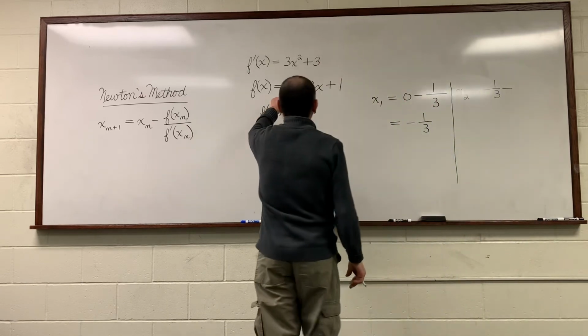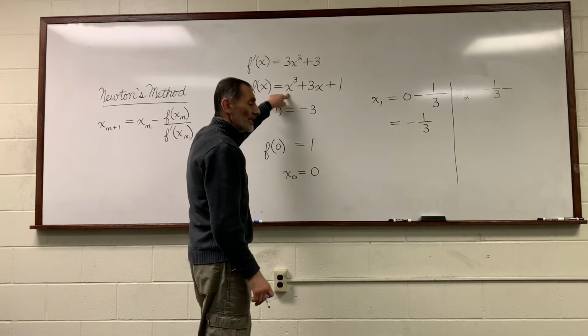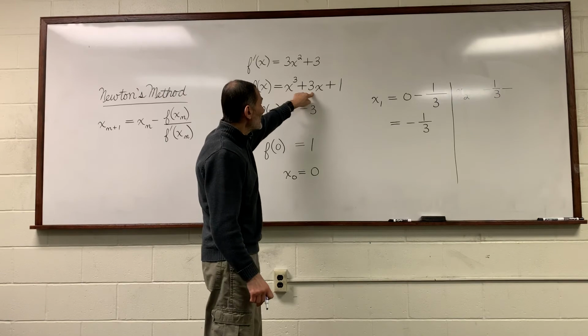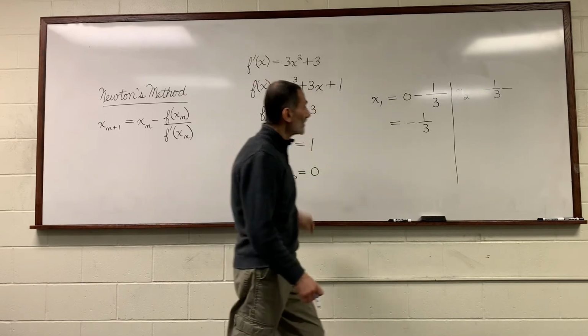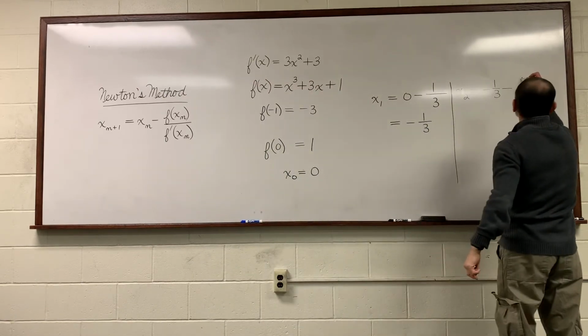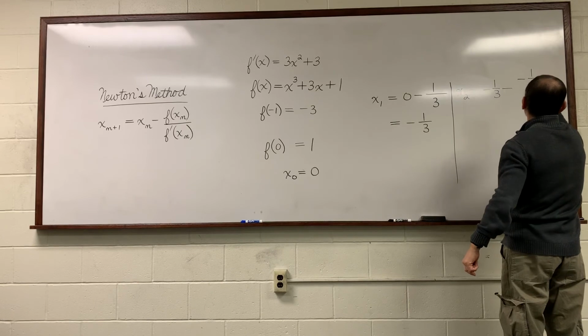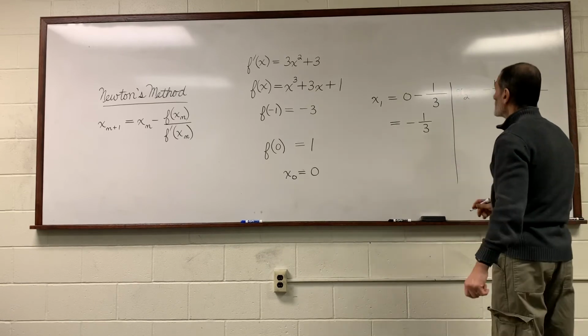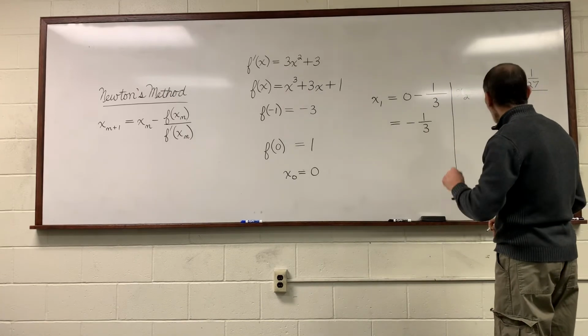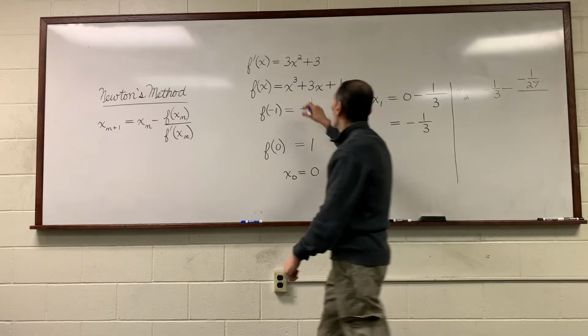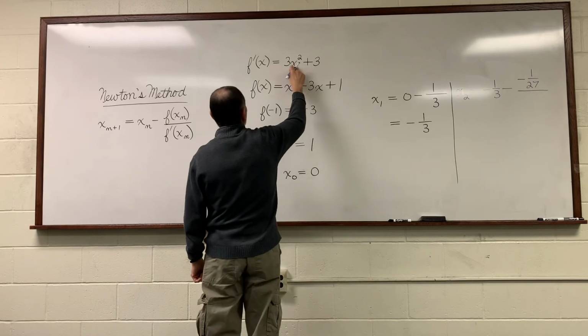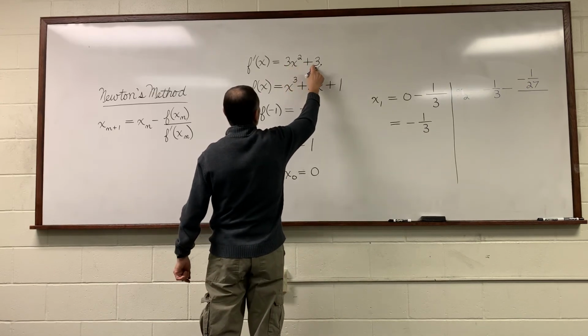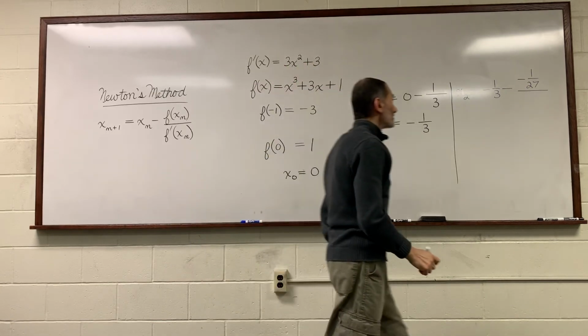Well, if we plug in negative 1/3, we get negative 1 over 27 plus negative 1 plus 1. So negative 1 over 27. Divided by f prime of negative 1/3. Negative 1/3 squared is 1/9. 3/9 is 1/3 plus 3 is 10/3.